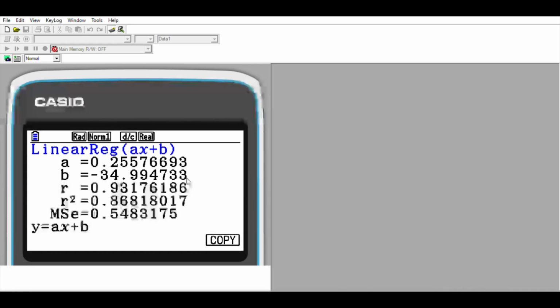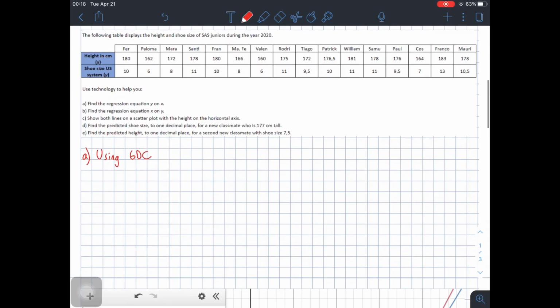So if we go back to the electronic assignment, I'm going to write the equation here. So the equation is y equals 0.256x, rounding to 3 significant figures, minus b, which is 34.98, this actually goes to 35.0, so 35.0 rounded to 3 significant figures.